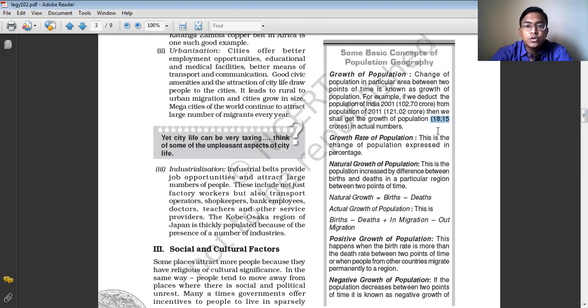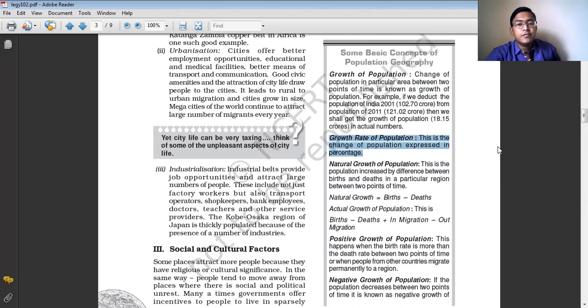This growth of population has been expressed in absolute number. But when I convert this into percentage, in terms of total population, it is known as the growth rate of population.